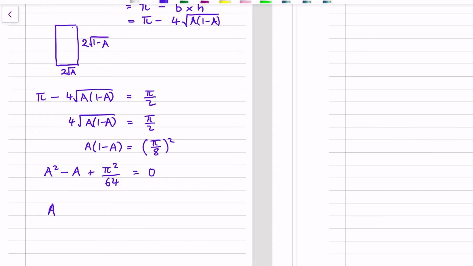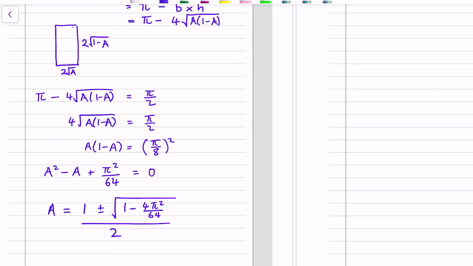And if I solve that for a, 1 plus or minus the square root of 1 minus 4 pi squared over 64, all over 2. And remember, we're told that a is a value that's between 0 and 1.